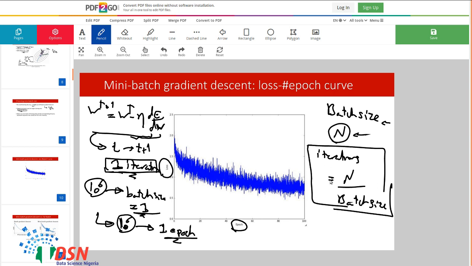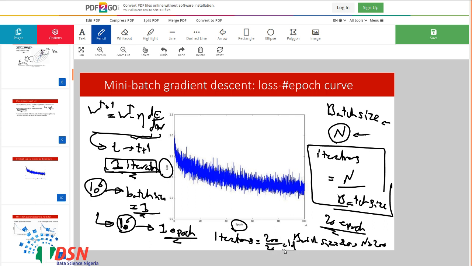Okay, so in this case, when we have 20 epochs, if the batch size is 20 and the number of training data is 200, then the number of iterations in each epoch is 200 divided by 20.